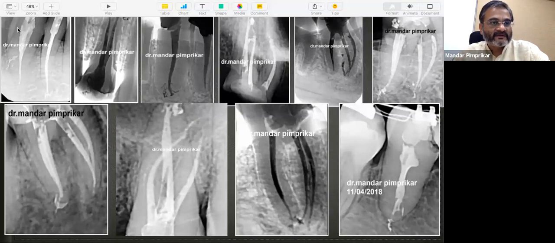We always talk about the working length. This is the working width. See how wide the canal is. Now, if there are challenges to negotiate the narrow canals, it's a bigger challenge to debride the wide canal.